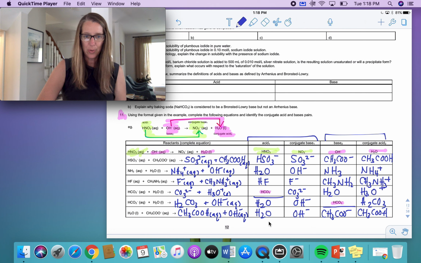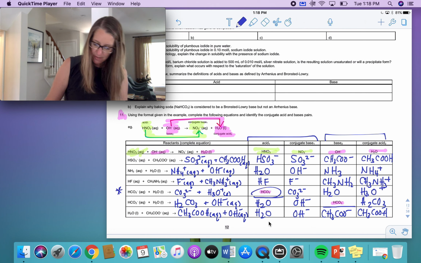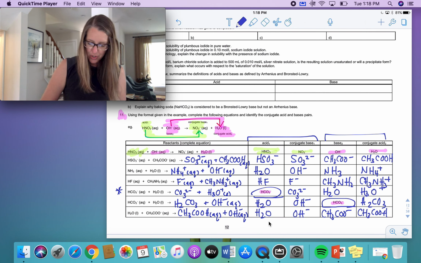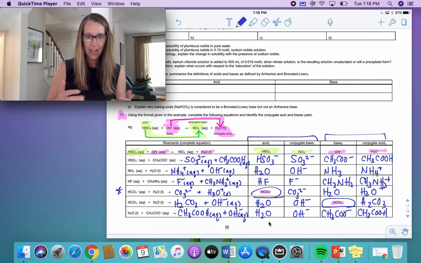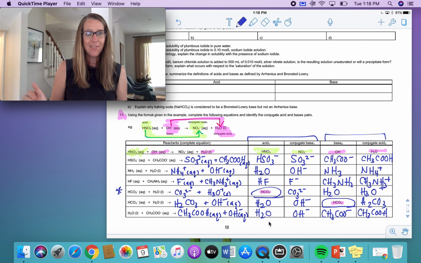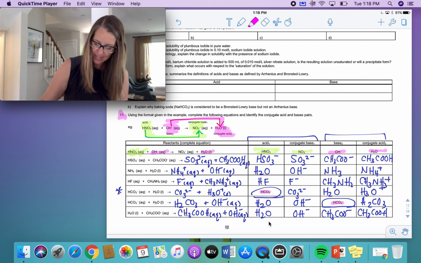Just work your way through. You can see that for the one down here, you needed to know this information, and same for the second one. It wants to show you that if you can't figure out what the water is going to look like, you'd have to be given some more information. For the first one, it tells you that the H2O is going to be the proton acceptor, so it's acting like a base.